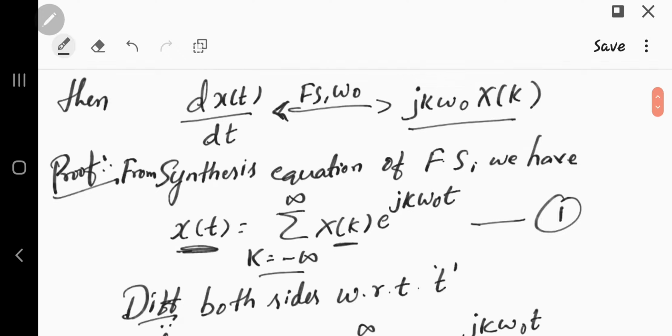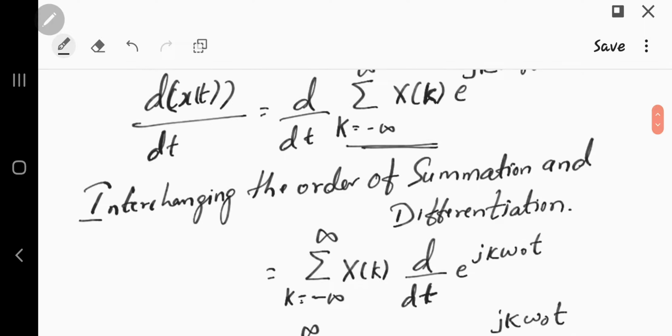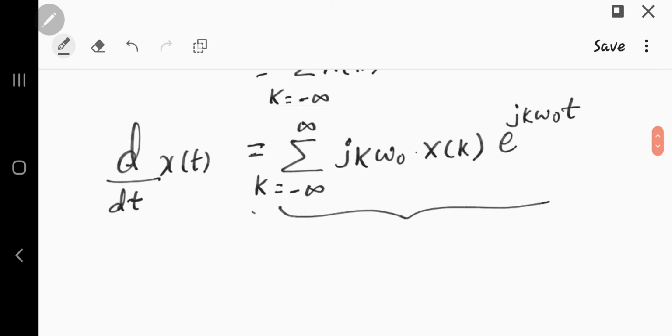Now, if the differentiated version of this is transformed, so we will get what? If you observe below, we have the same limit, we have the same exponential here. This term is j k omega naught into x of k.